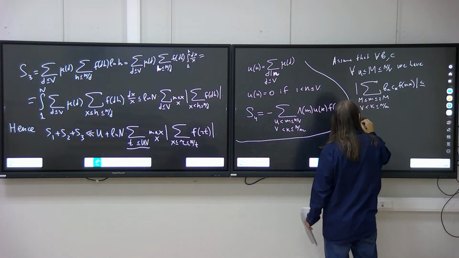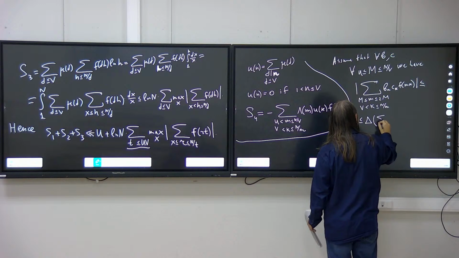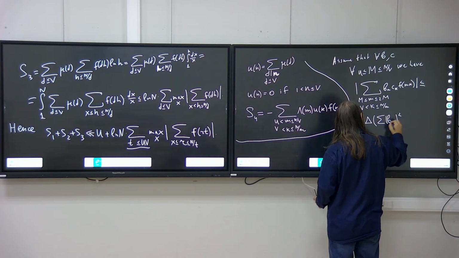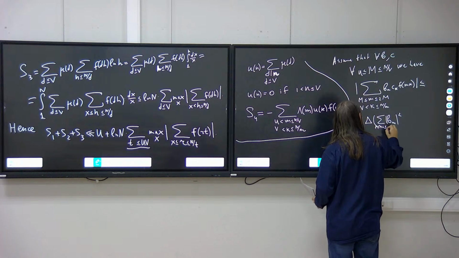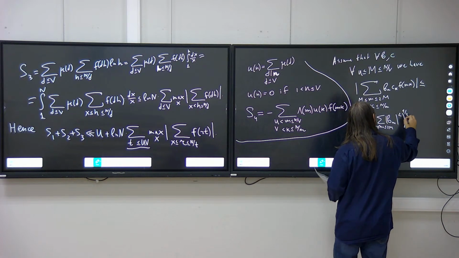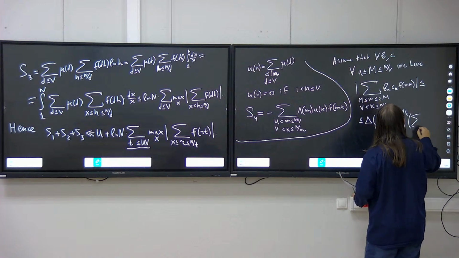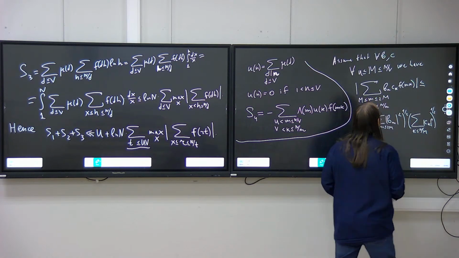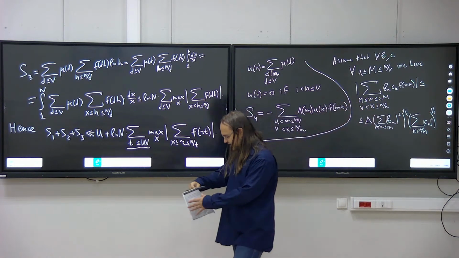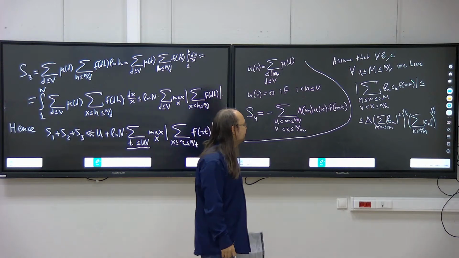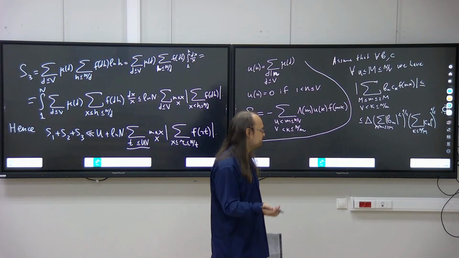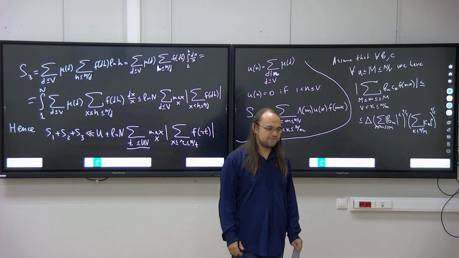Suppose that this is at most delta times the sum of BM squared over all M between M and 2M to the power 1/2, times the sum over all K less than or equal to N over M of CK squared to the power 1/2. So this is kind of a quintessential estimate for the bilinear sum. It is some constant multiplied by a product of norms.